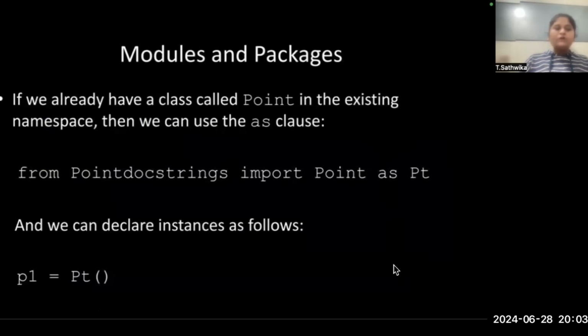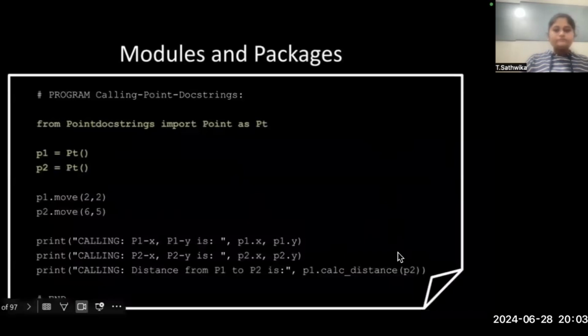And if we already have a class called Point in the existing namespace, then we can use the as clause. From point_docstrings import Point as pt, and we declare instances as follows: p1 is equal to pt. This is a program to call point_docstrings. From point_docstrings import Point as pt, then p1 is equal to pt and p2 is equal to pt.